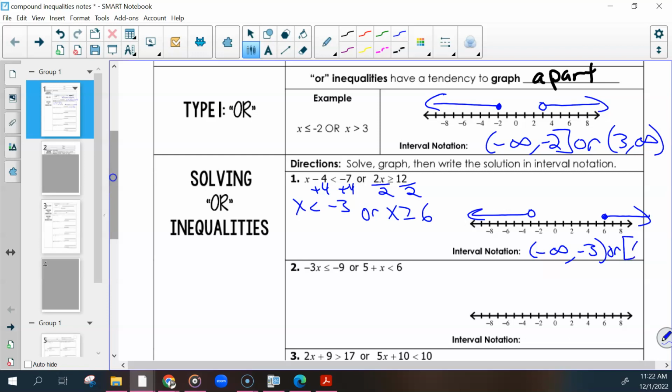Bracket. And then it goes all the way to what? Where does it end? Infinity. With a parenthesis. Do we have any questions about that one?